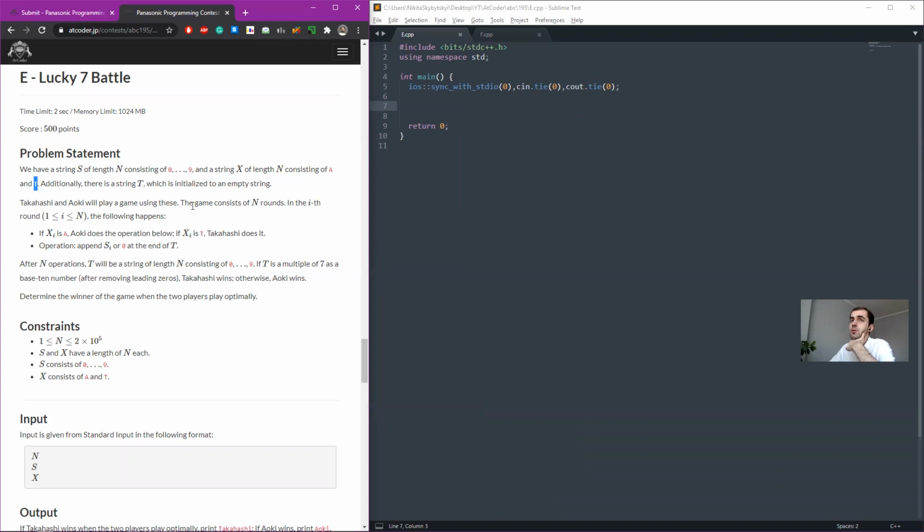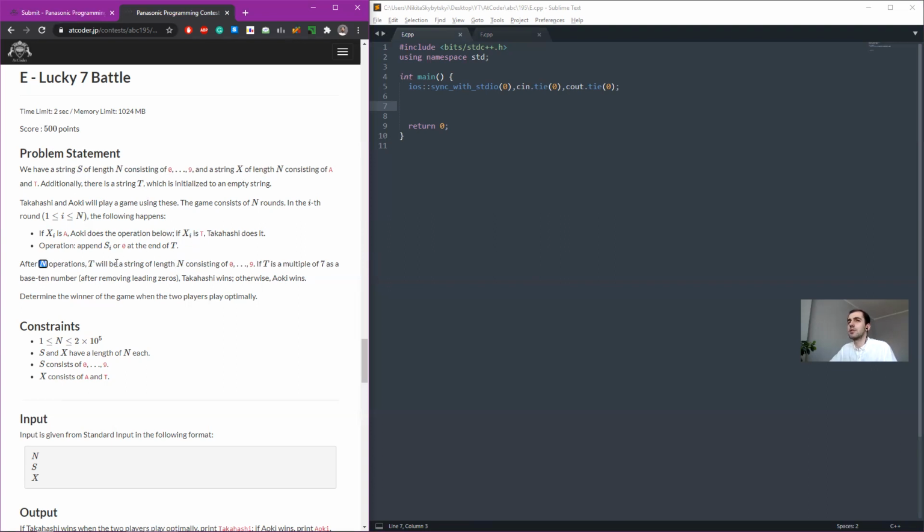The Hashim hierarchy will play a game using this. The game consists of N rounds. In the first round, the following happens. If X_i is A, the hierarchy does the operation below. A and T determine who's going to move. The operation: append S_i or 0 at the end of T. They have a choice: they have to append either the current symbol of S or 0.